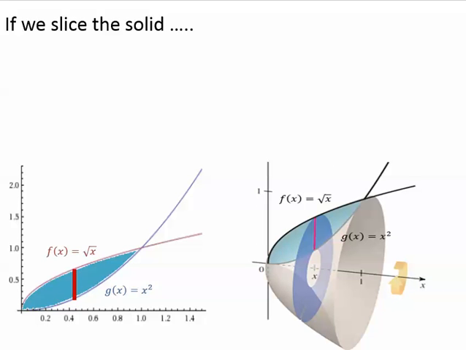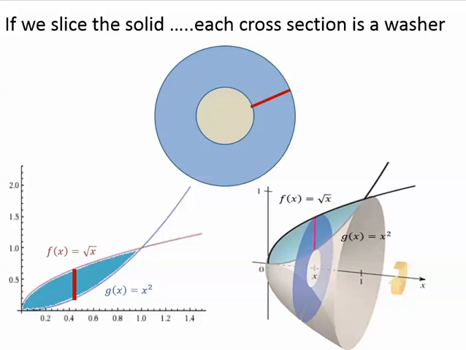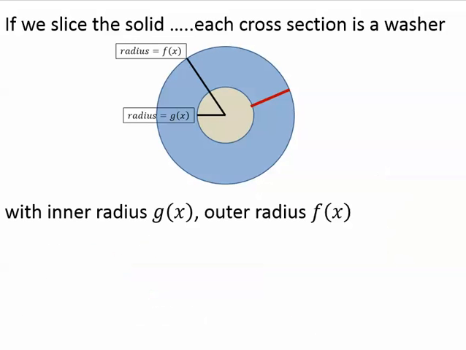If we slice the solid, each cross section is a washer. Notice that the outer function is f and the inner function is g. So the outer radius is f and the inner radius is g.